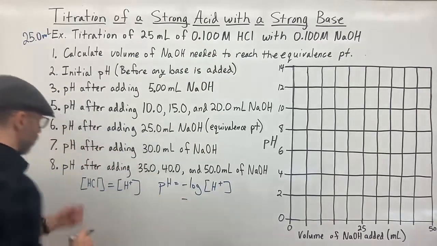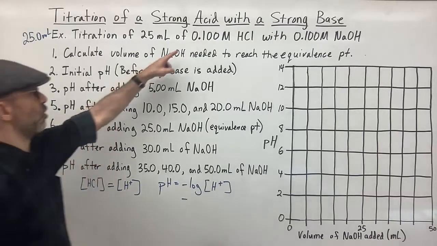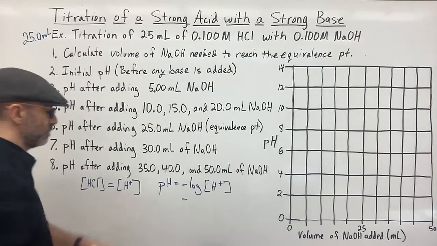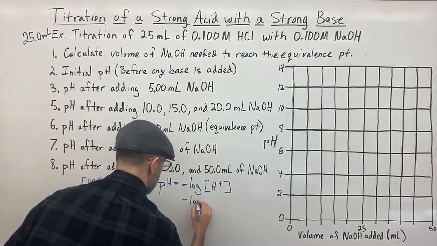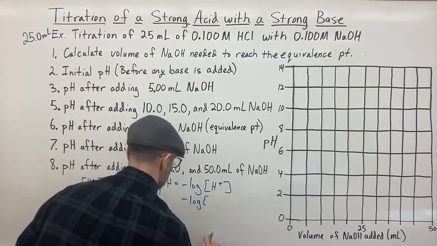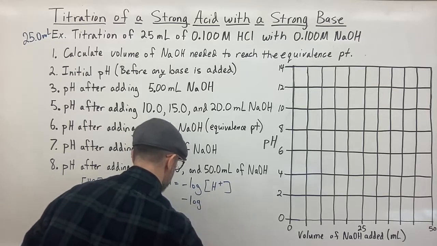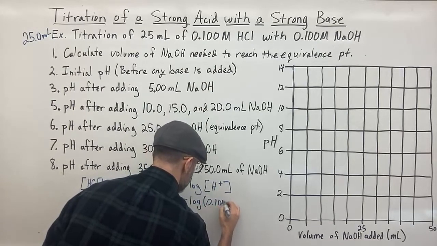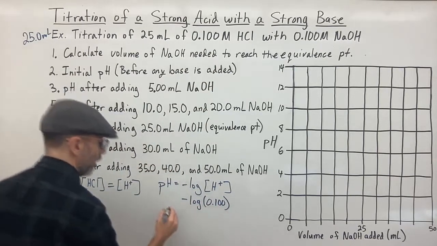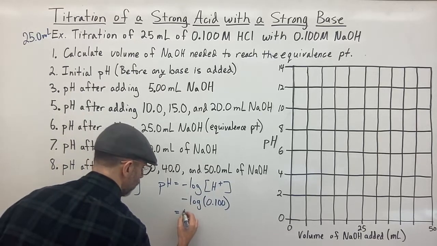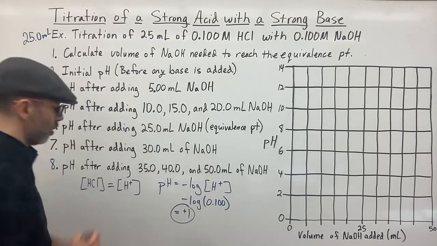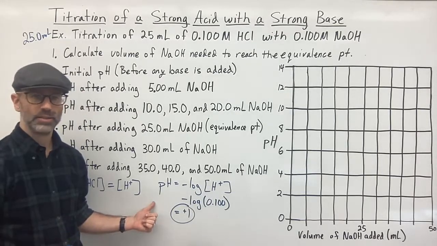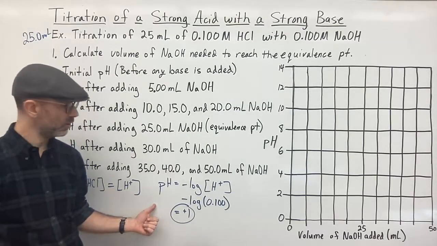So this concentration is 0.100 molar, which is the same as the H plus concentration. So that's going to be negative log of 0.100, and again that's going to be pH of 1. So that is the pH of our strong acid solution before we add any strong base.